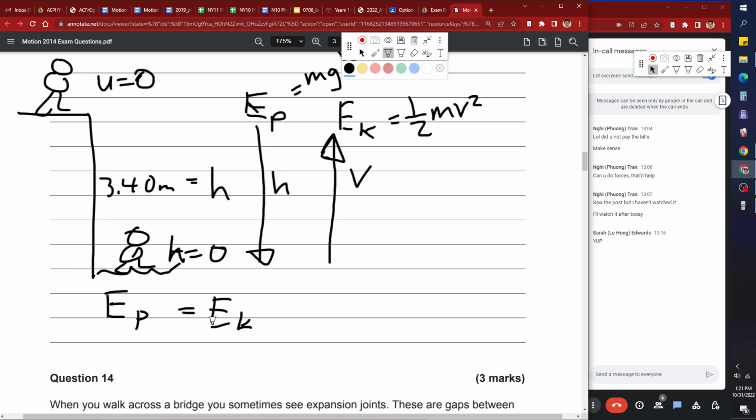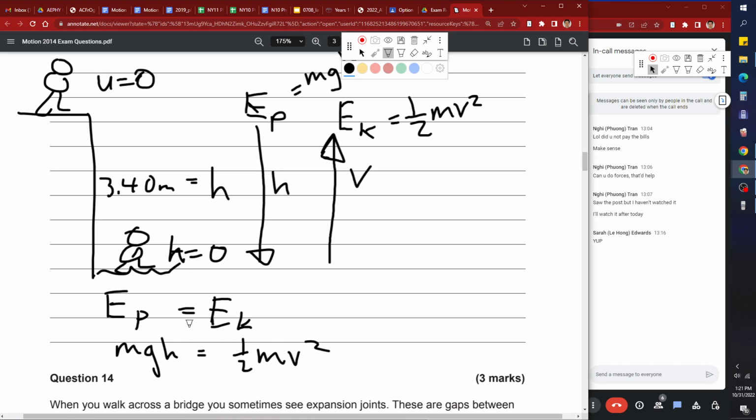At any moment, we have both of these energies, depending on the height from the surface we're going to go down to, or how fast we're moving. So mgh equals 1/2 mass velocity squared.